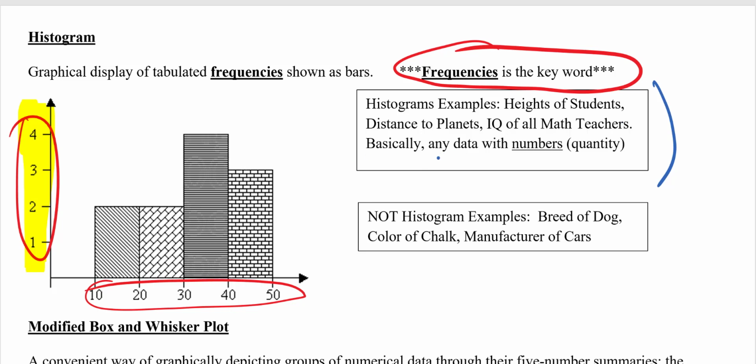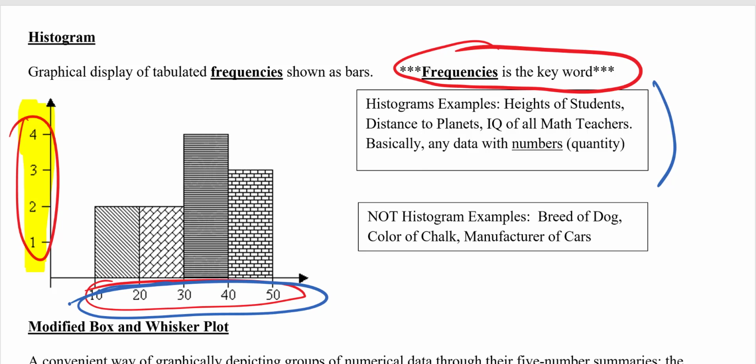Distance to planets, you can kind of list the different planets. It doesn't have to be in our solar system, but you can list the planets that are maybe 5 million miles away to 10 million miles away, and 10 million miles away to 13 million miles away, right? And you can list it that way as this number down here.